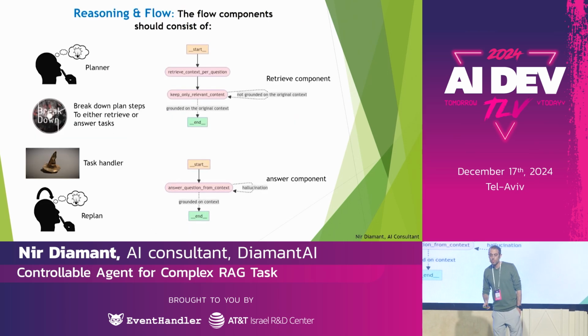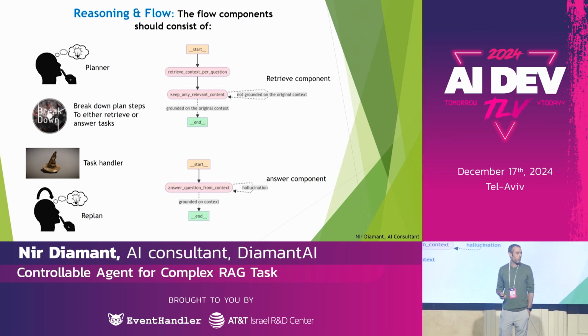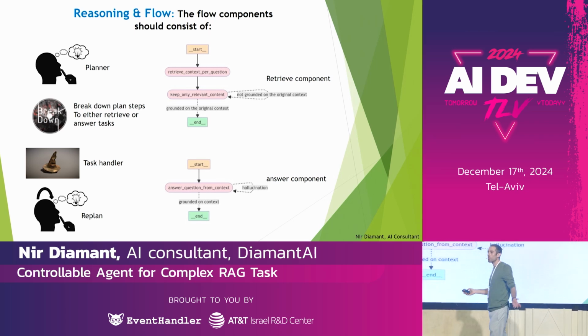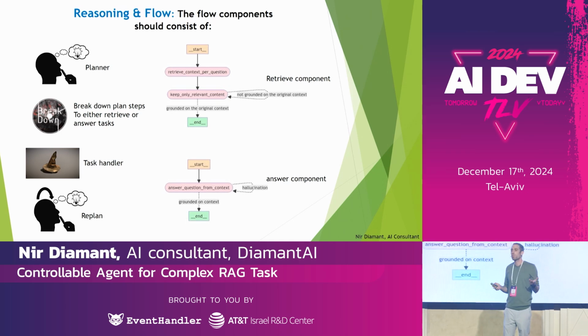Great. So the components that we need to have in our agent are, first, a planner. Given a question, we want to have some agent that thinks what steps we need to do in order to solve this question.